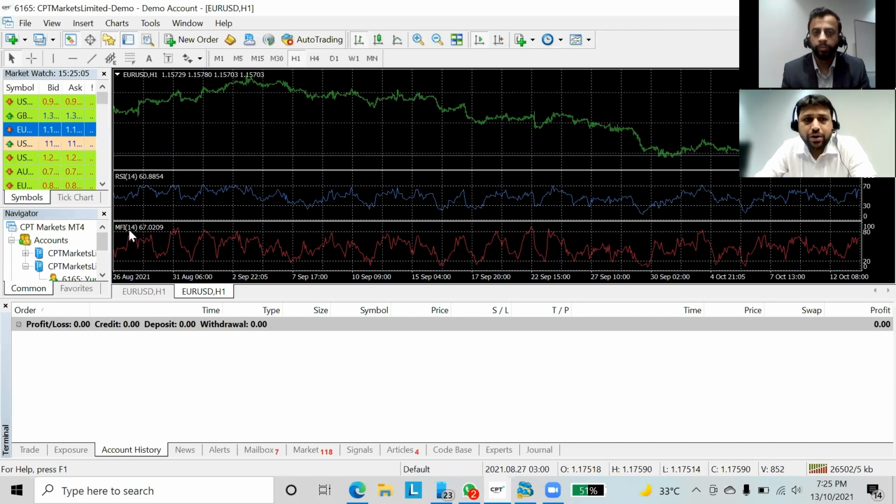Now, when you can see that the moving average is going positive at 67, that means the price of an asset is upside and it is going towards the higher side. Whereas the RSI is already 60, that is also approaching the point of 70. It's quite far, but see, it is approaching. So here we have two things. One, Euro USD is trying to go overbought at this point of time. The trend is bullish.